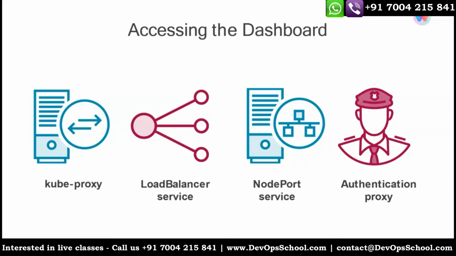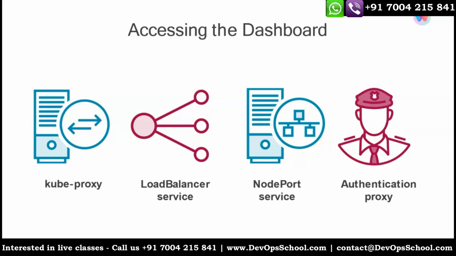If you want to access it from outside, because it's a web-based application, usually we use the Kube-proxy, using the port-forward command, or kubectl proxy also, so you can use that. Or if you are not using the Kube-proxy, then you use the load balancer service. Load balancer service means a service which you have deployed, you are exposing with the load balancer. That is an additional cost also.